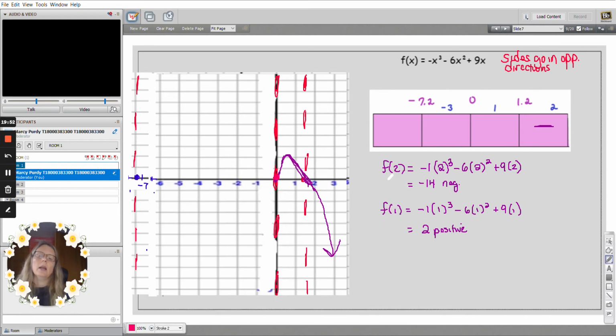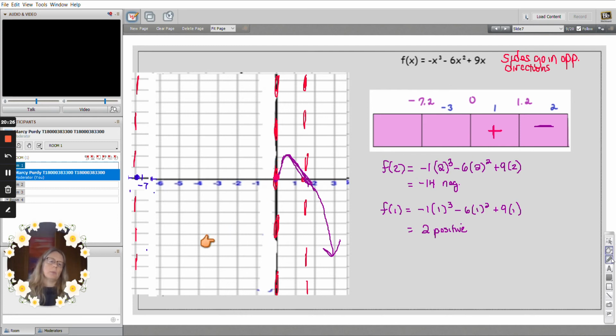And then we'll check between. So let me put that in there. So then what we need to check is between 0 and negative 7.2. What does the graph do? So does the graph bounce off the x-axis and stay positive, or does it go straight through that x-intercept and sit below the x-axis?